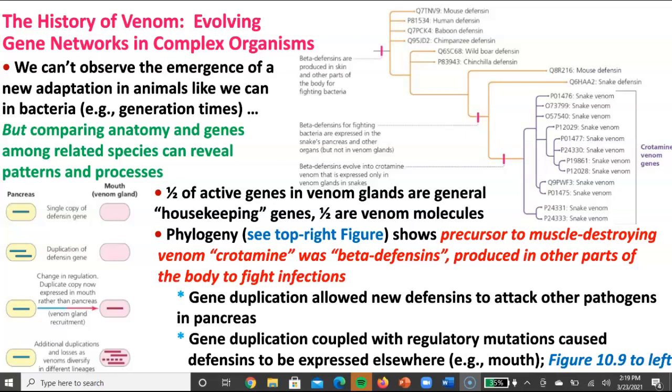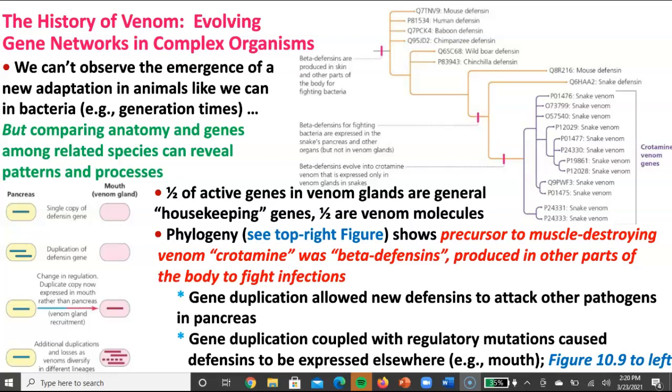But when we look at venomous snakes, it turns out that these beta defensin genes have been duplicated, and those duplicated copies then are freed up to be selected for brand new functions. And in this case, what we've come to learn is they're freed up and used to make venom.